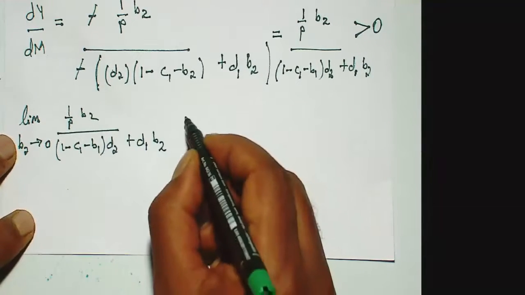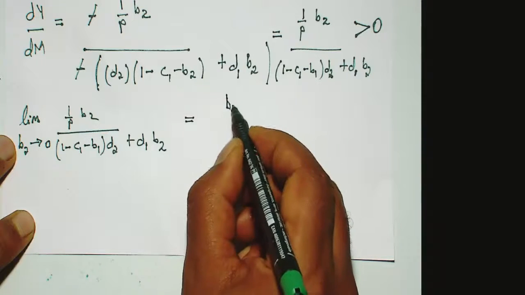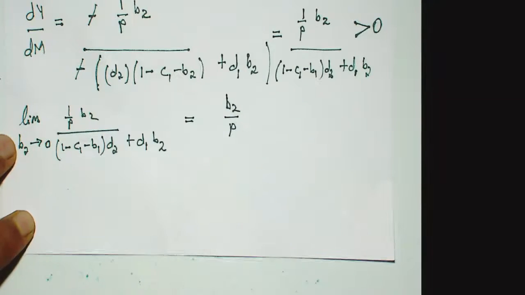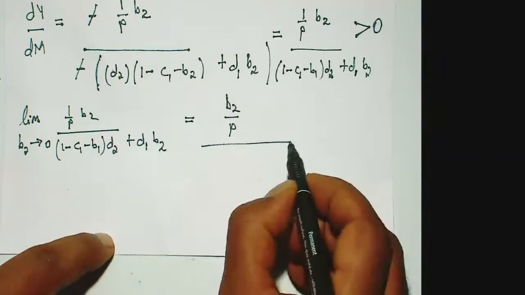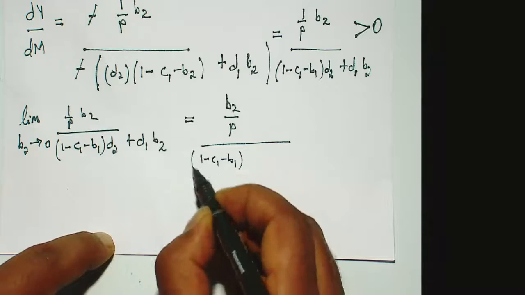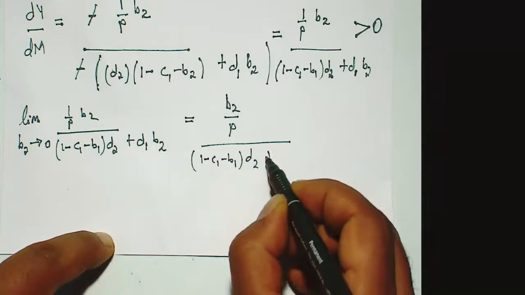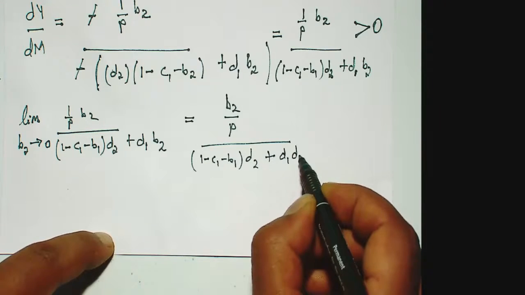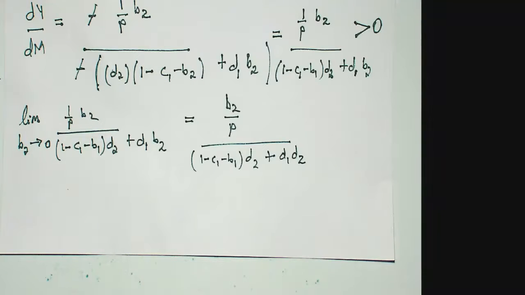So this formula is nothing but saying b2 over p on the numerator, and the denominator remains the same, 1 minus c1 minus b1 multiplied by d2 plus d1 d2.